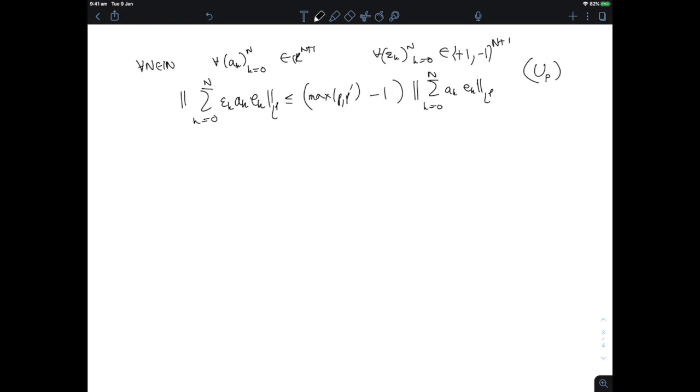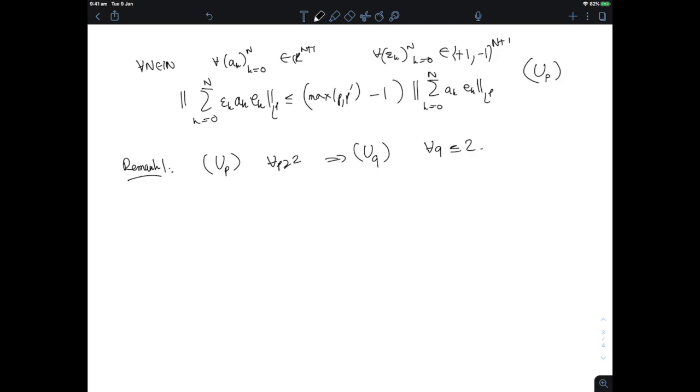Now the first thing is that we're going to show that if UP holds for all P greater than 2, then UQ holds for all Q smaller or equal to 2. So without loss of generality, we will be able to assume that P is above 2.